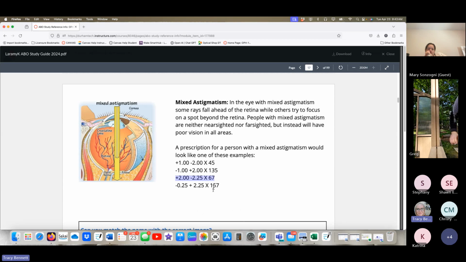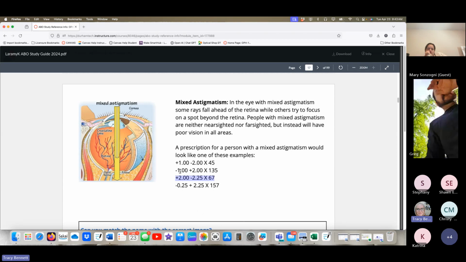Whereas this is more of your true mixed astigmatism. When you put any of these on an optical cross, you're going to end up with one meridian plus and the other meridian minus. If we looked at that one on an optical cross, and I really don't care about what these axes are so much, if you're just looking at these two powers, one meridian is a +1, then add these two together to get that other meridian, and you realize it's a -1.